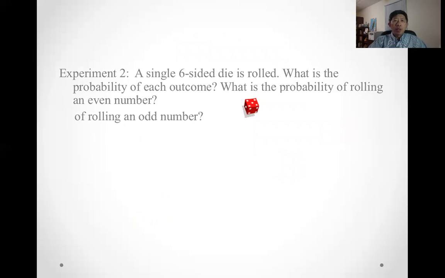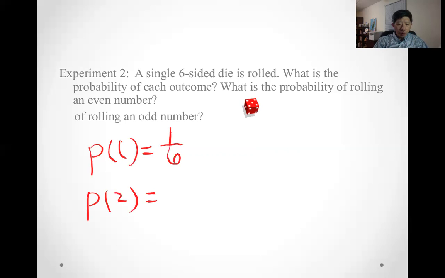Now, what about this? Experiment 2: a single 6-sided die is rolled. What is the probability of each outcome? What is the probability of rolling an even number, of rolling an odd number, right? The probability to get a 1 is 1 out of 6. A 2, 1 out of 6.